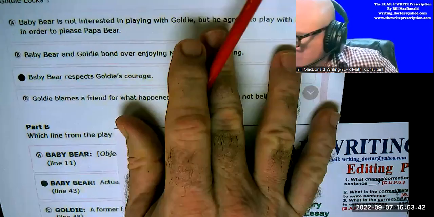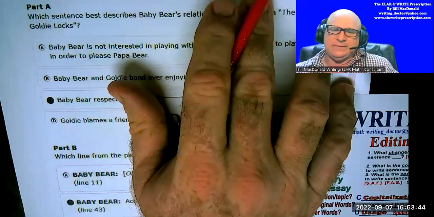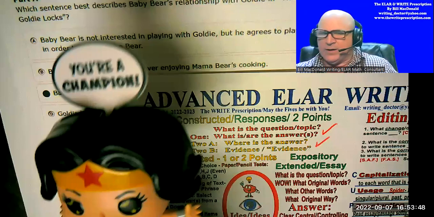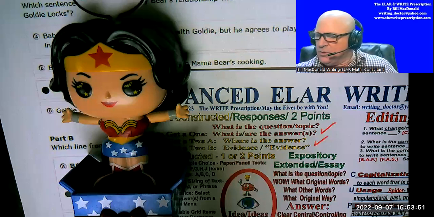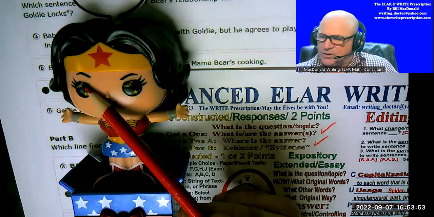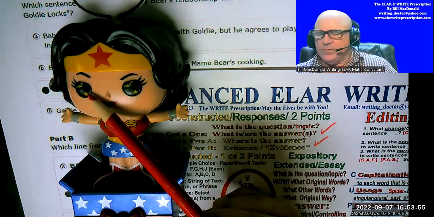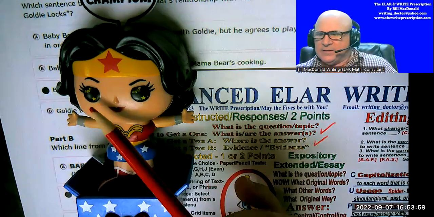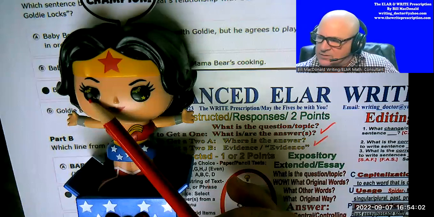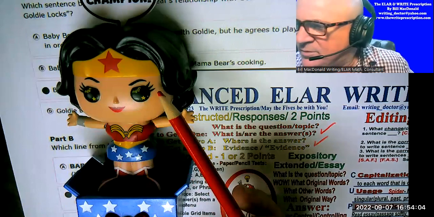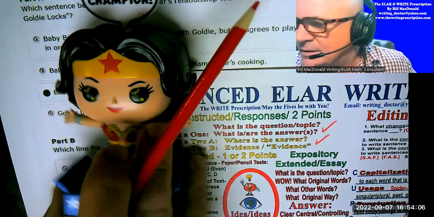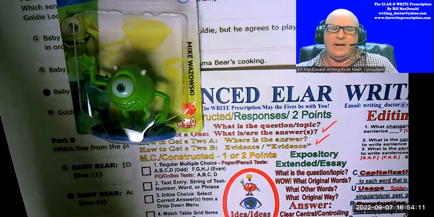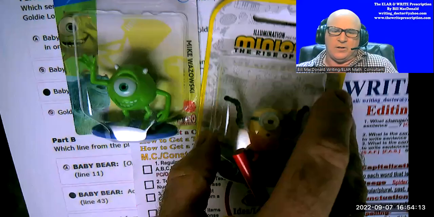Like I told you, with Miss Wonder Woman here, what is part A? What you're going to notice on most of these multi-part ones is that the first point is the answer, and the second point is the evidence. Let me show a couple of friends of mine here. These guys have only one eye, and you can buy these at Dollar Tree.